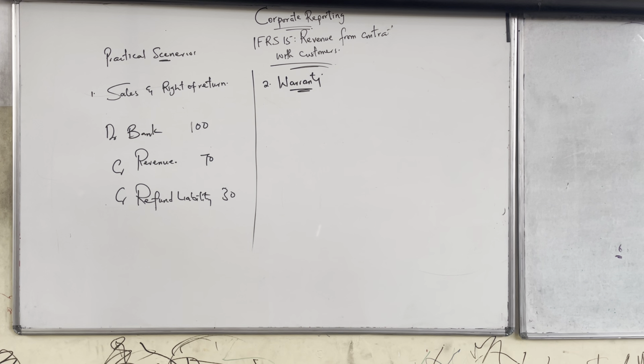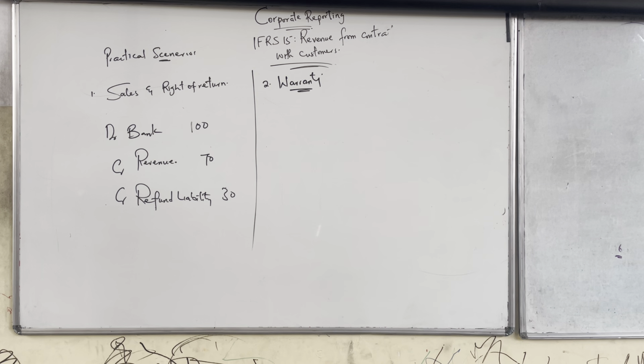you recognize as provisions. However, the second part is the part where the customer wants an extended warranty for an additional 6 months. But the company is not charging the customer because they believe they are new customers, they want to attract them. But if they were going to charge them, how much would the customer pay? 4,000 naira.